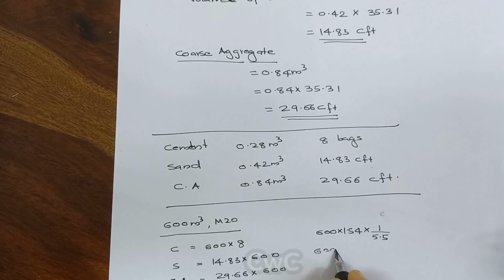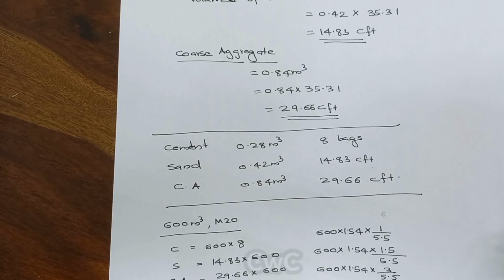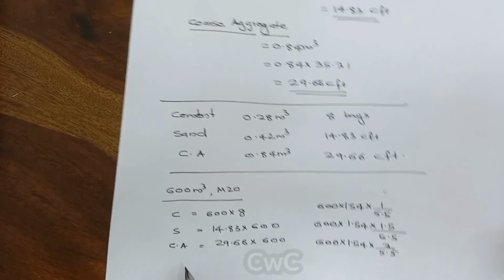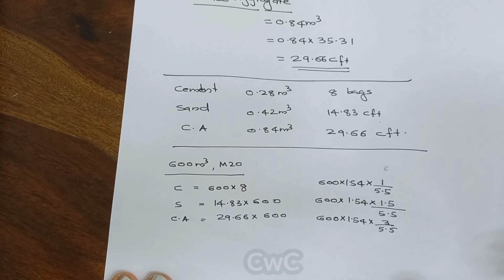Similarly 600 into 1.54 into 1.5 parts of sand divided by 5.5 parts of dry ingredients. This will give you the volume for sand, and coarse aggregate 600 into 1.54 into 3 divided by 5.5 parts. Both of these calculations will give us the same value.